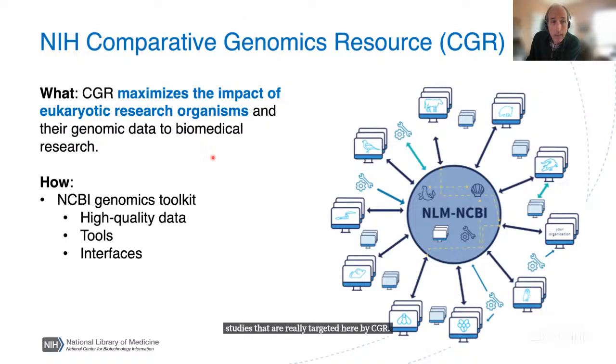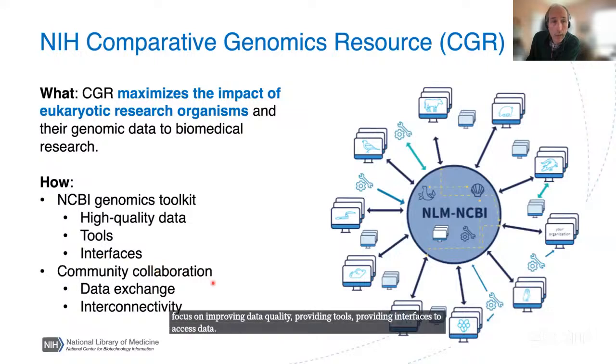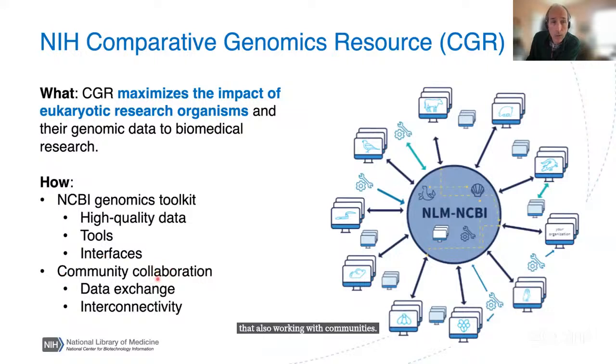And to achieve this, we have two angles. One is what we can do at NCBI: focus on improving data quality, providing tools, providing interfaces to access data, and also working with communities on improving data exchange and connectivity.